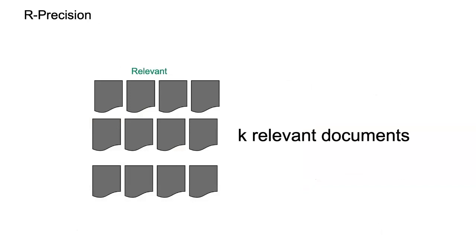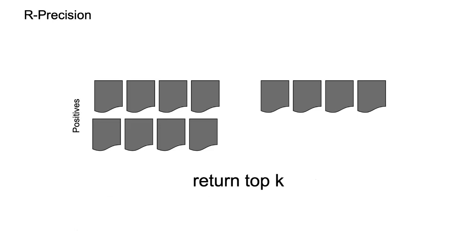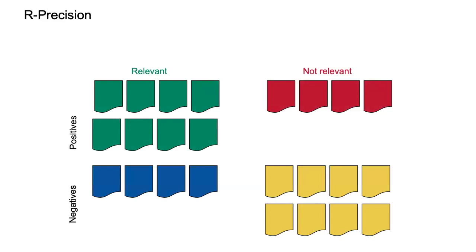Okay. Next, there is something called the R precision. What is that? Imagine you have this ranked retrieval system, and imagine that at some point, it turns out it's a huge coincidence, I happen to have K relevant documents, and I returned the top K, and I'm looking for the case where I have exactly the same precision and recall, right?